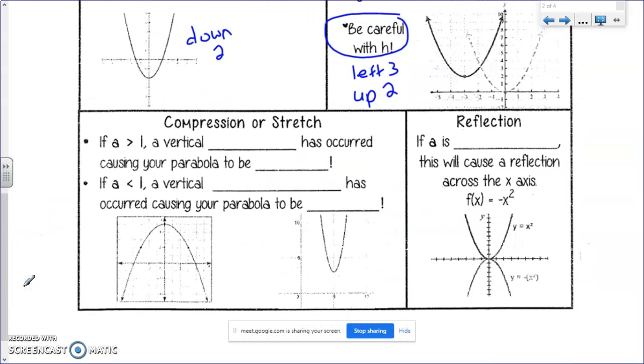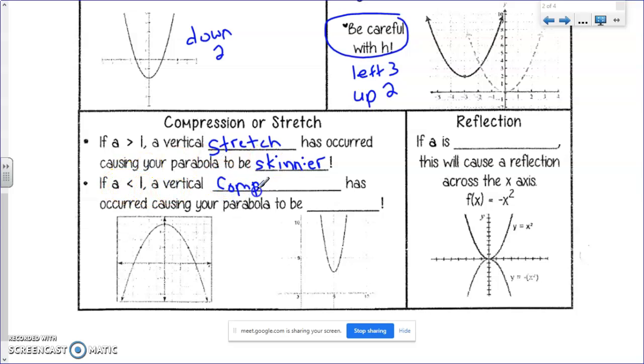If a is greater than 1, it is a vertical stretch. It stretches, so your parabola is going to be skinnier or taller. If a is less than 1, it is a compression.